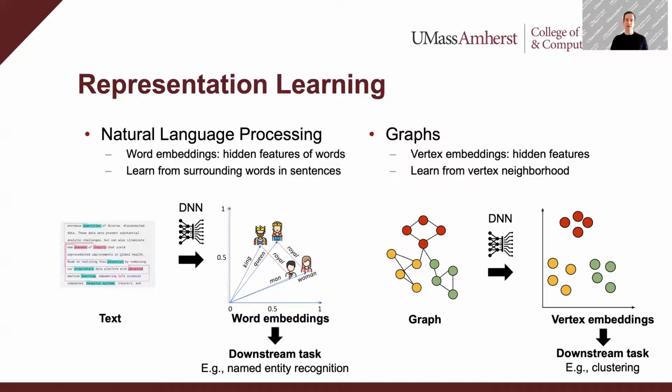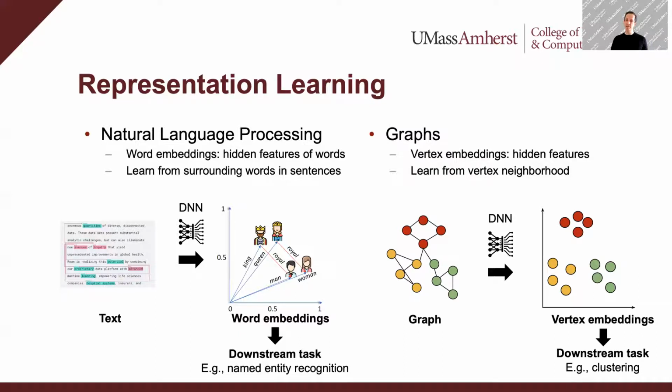Each word is assigned an n-dimensional vector, called an embedding, and this vector encodes the hidden features, which sometimes can have a semantic meaning. So we can use vector algebra to find interesting relationships between the meanings of the words. In order to find these word embeddings, we train a deep neural network. Once we have these embeddings, we can use them in downstream tasks like named entity recognition.